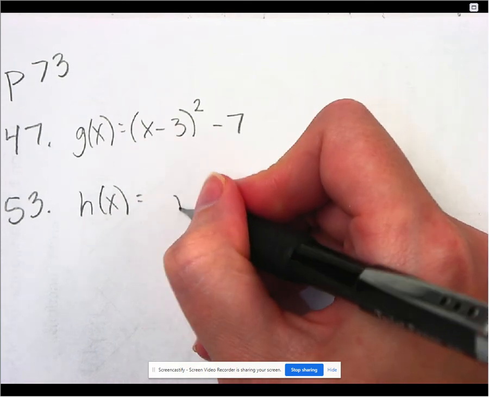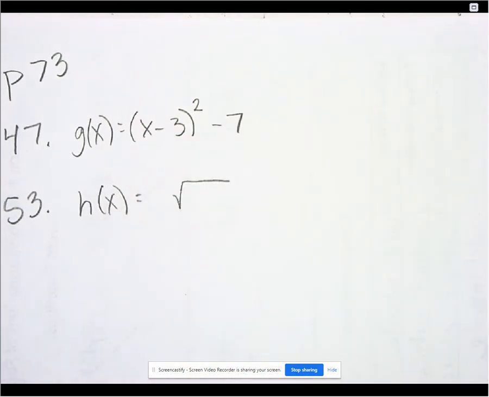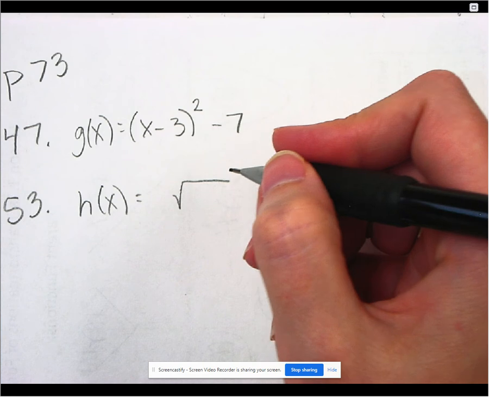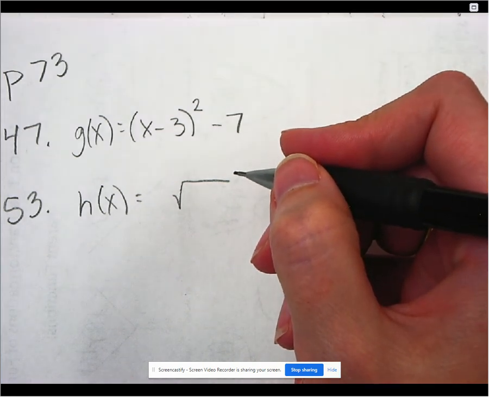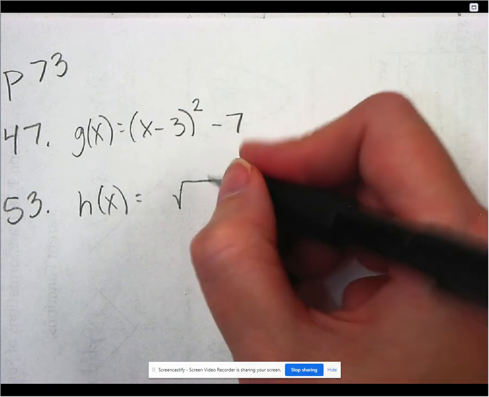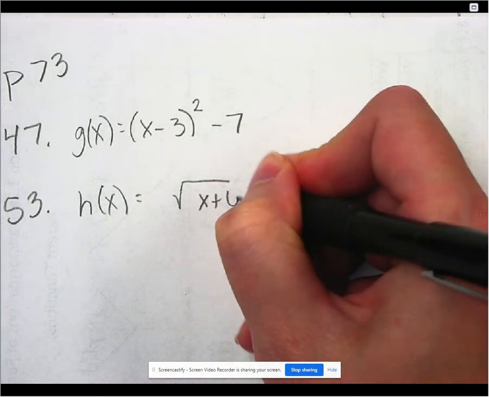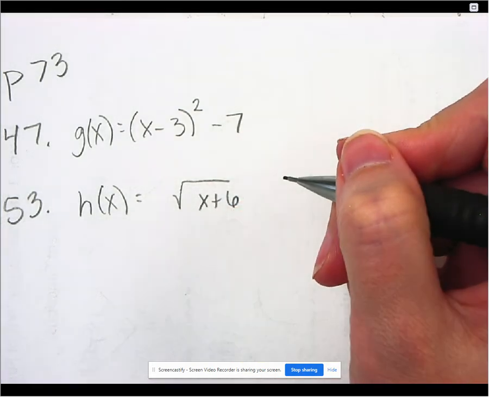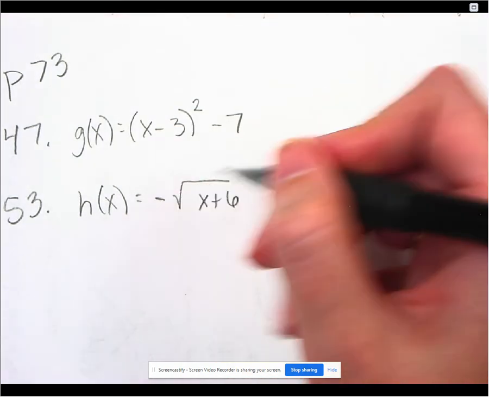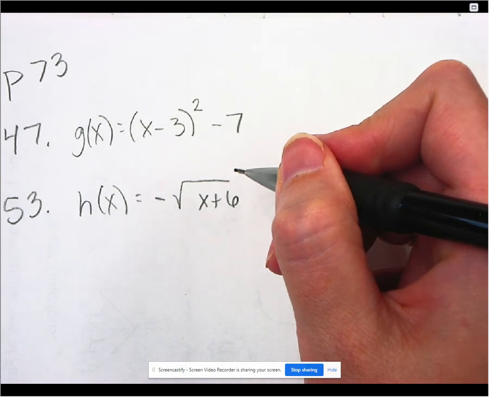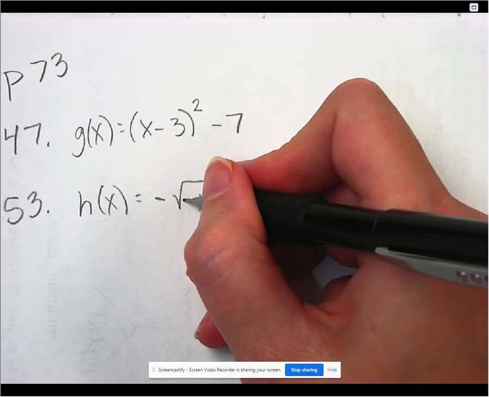I know it's a square root, so I'm just going to go ahead and do a square root. So we're going to go 6 units to the left. So I know I'm going to have an x plus 6. And then we reflect on the x-axis. So that's a negative on the outside. And reflect on the y-axis. So that's a negative on the inside.